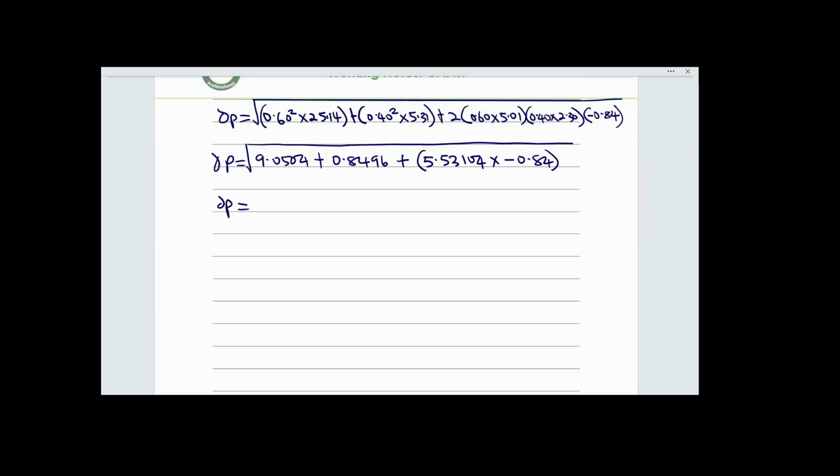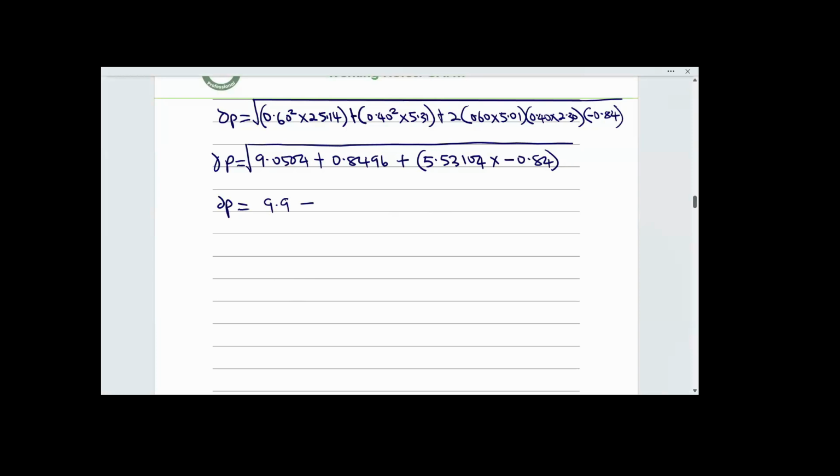On the left, you add up 9.0504 plus 0.8496, which equals 9.9.